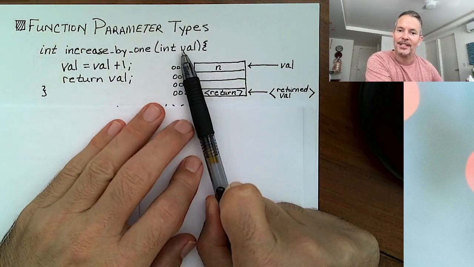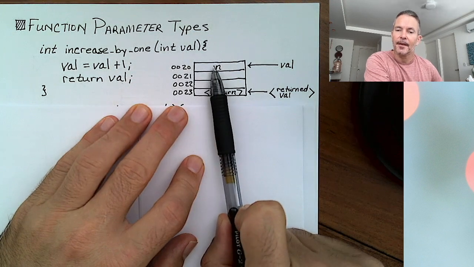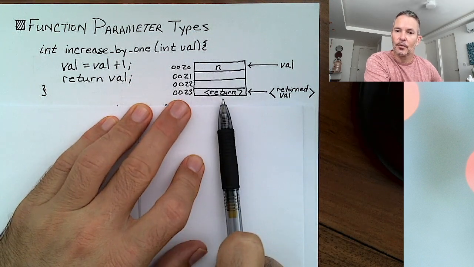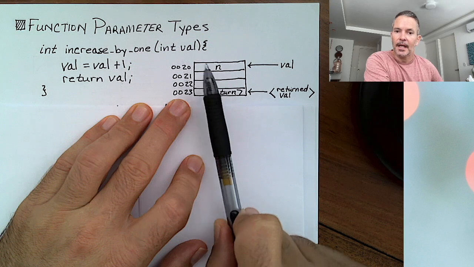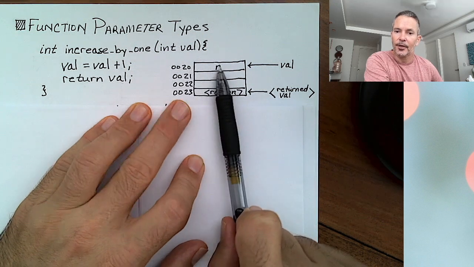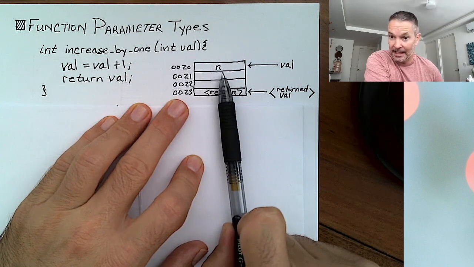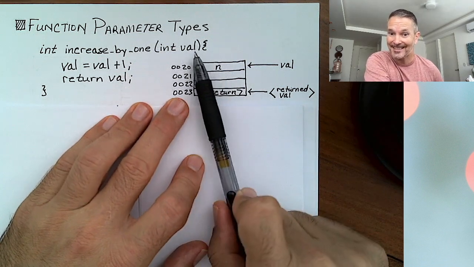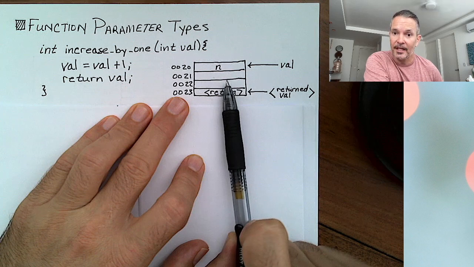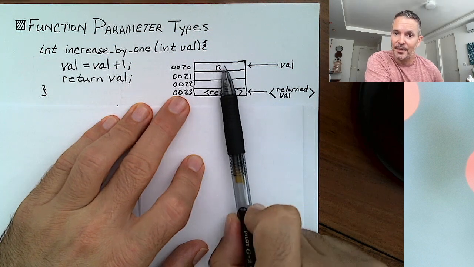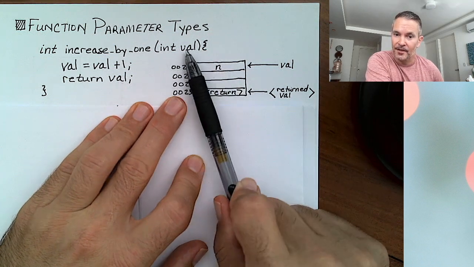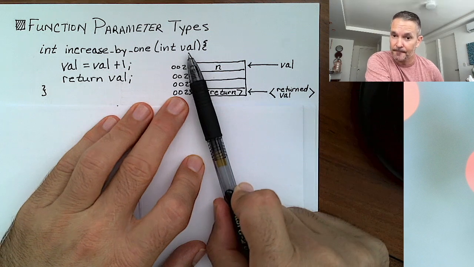So what actually happens inside the computer is memory is reserved for the function, and the value passed in is stored in memory in a special area reserved for this integer parameter.